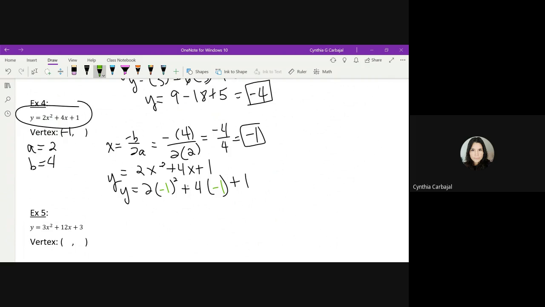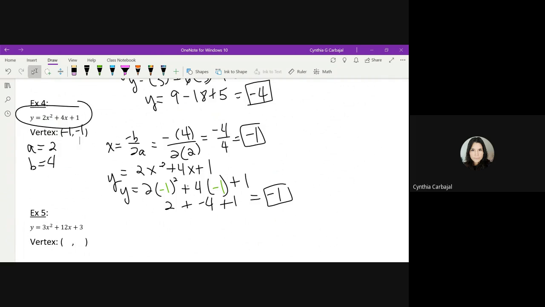And we end up getting negative 1 squared is 1, so that's going to be just 2 times 1 is 2. And that's going to give me a negative 4 and then plus 1. Altogether, 2 minus 4 is negative 2 plus 1 is negative 1. So they're both negative 1.